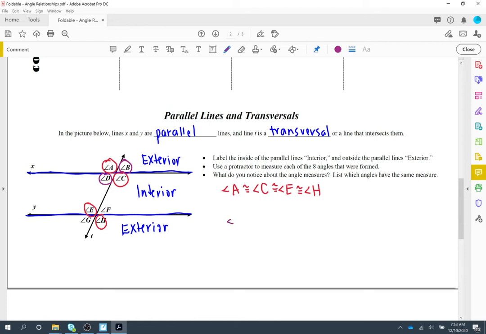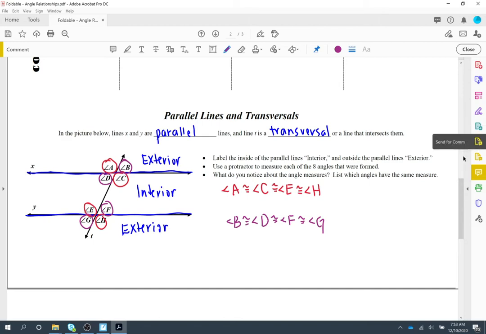So I know that angle B is congruent to angle D. Then we would come down here, measure again, also acute, also vertical. And we should notice that angle B is congruent to angle D, which is also congruent to angle F, which is also congruent to angle G. So that's what we should be noticing there.